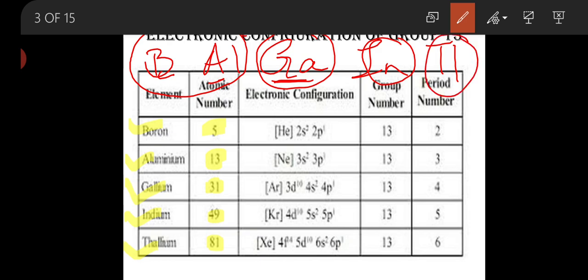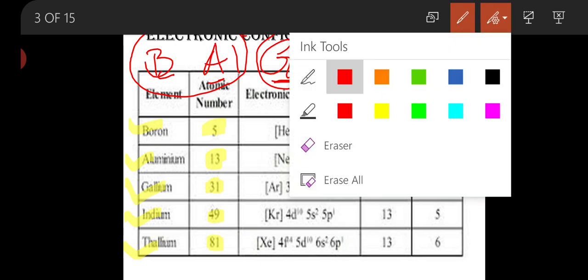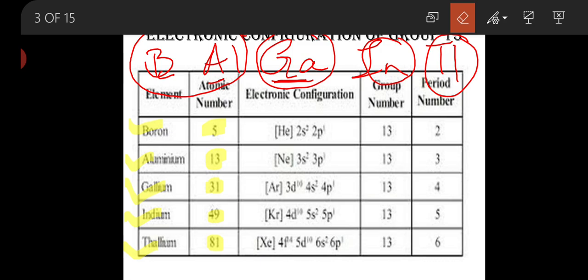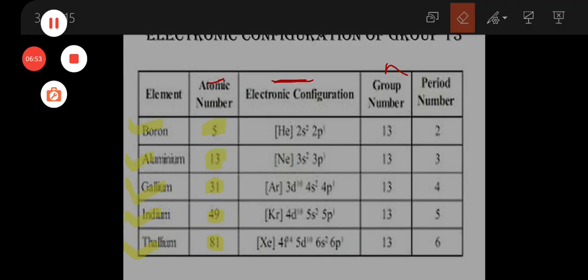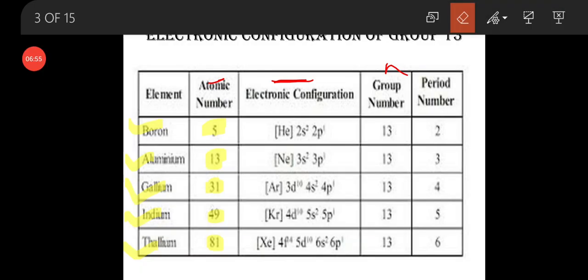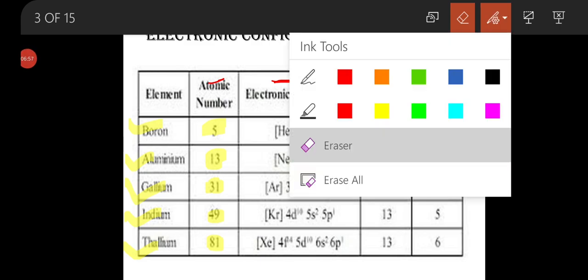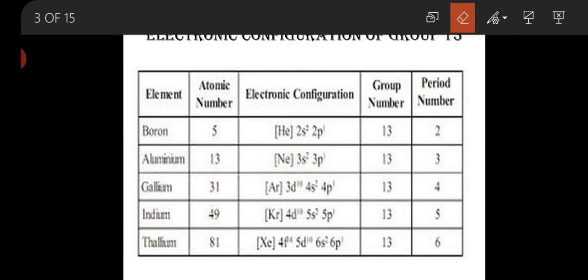In this way there is a simple trick to remember the group 13 elements.